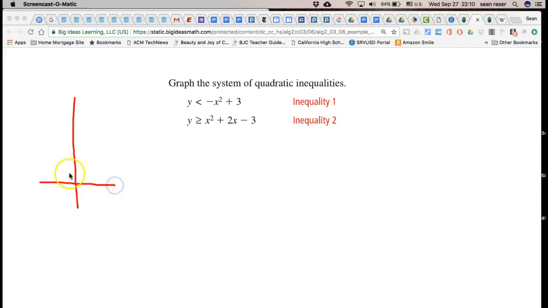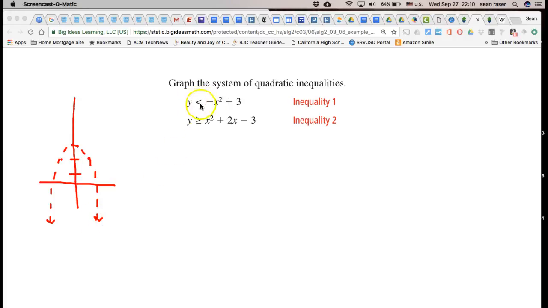So let me just redraw that with a dotted line here. Again, we've got our points right here, and instead of a solid line, this would be dashed. So you get an idea of what this parabola looks like. All right, so that's inequality 1.